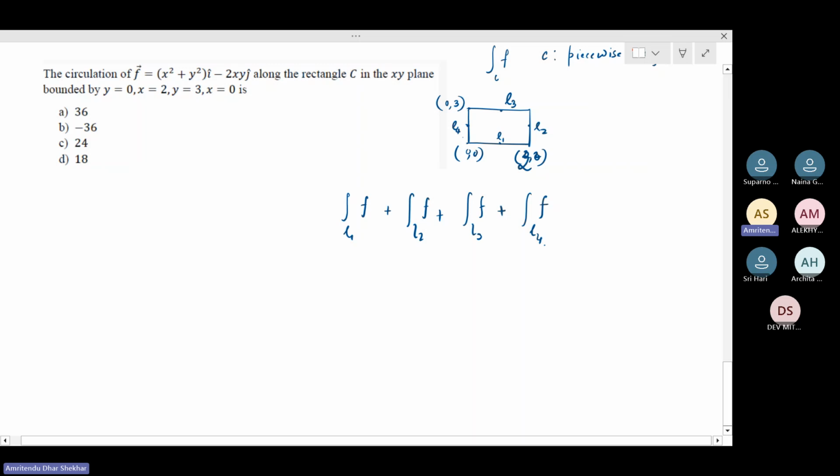Let's say I'll show you how to compute this one component. What is this? L2 is basically the set where x is equal to 2.